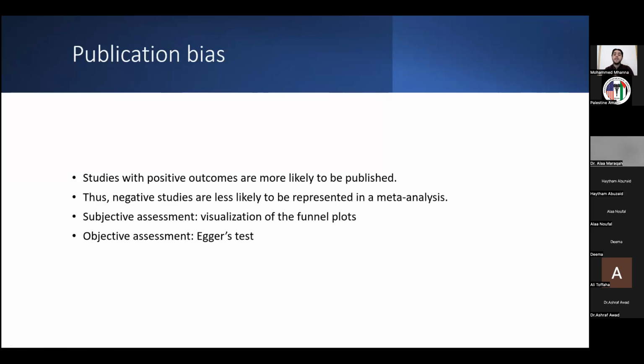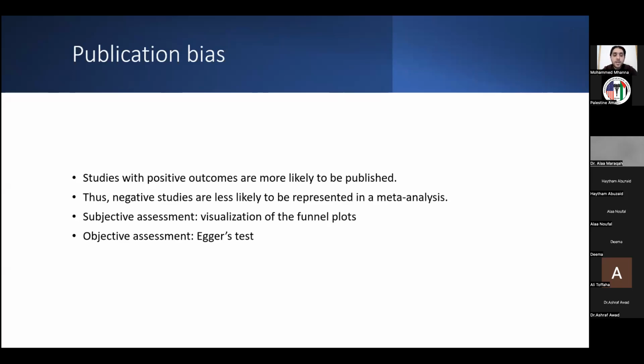Thus, in a meta-analysis, it's likely that more positive studies and fewer negative studies are represented. For example, if a study had negative outcomes, it is less likely to be published, and so less likely to be represented in your meta-analysis.